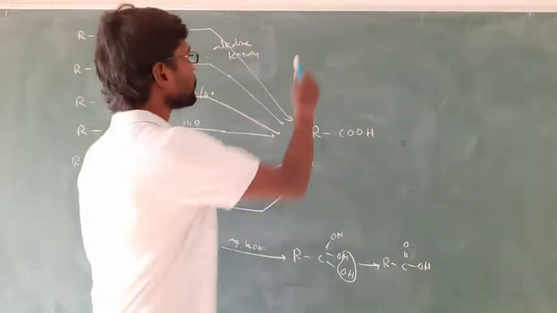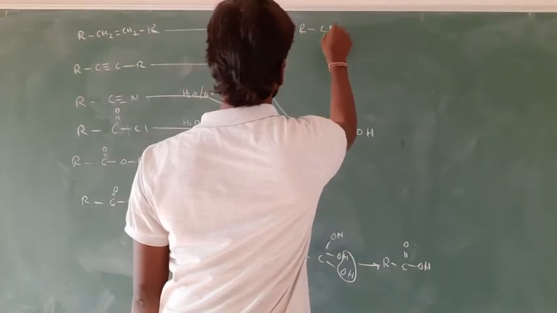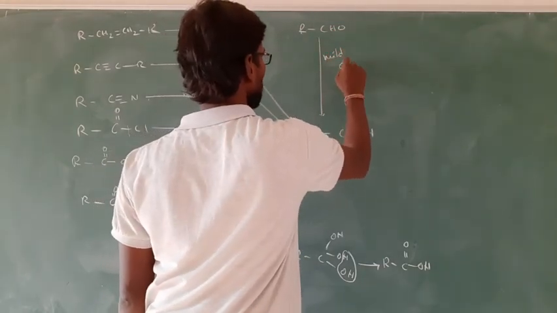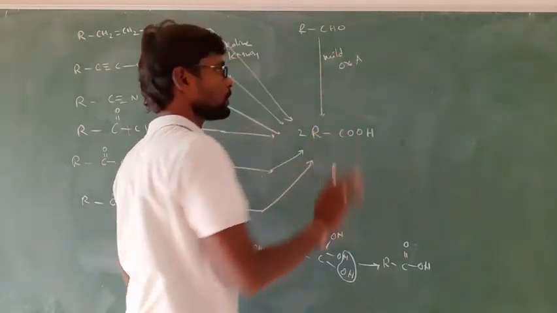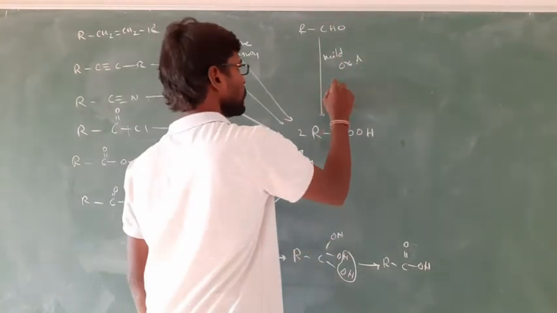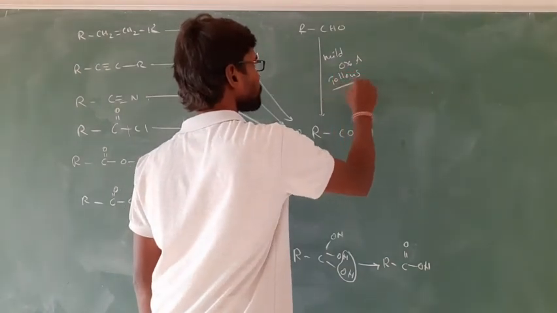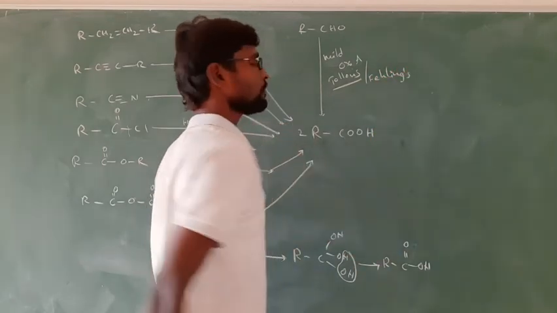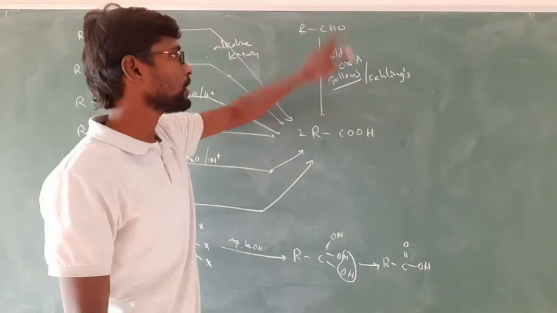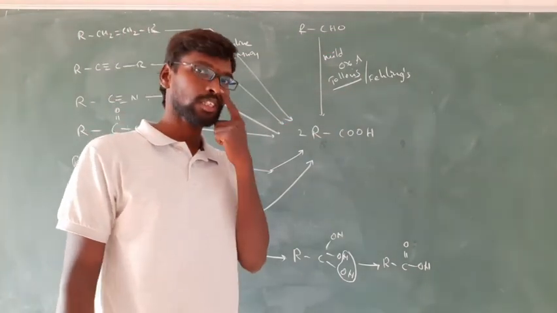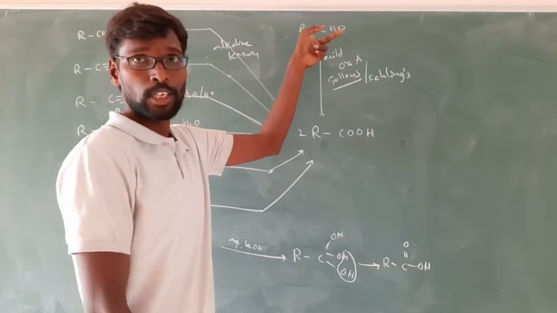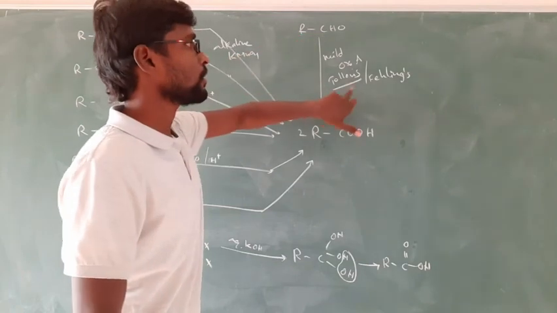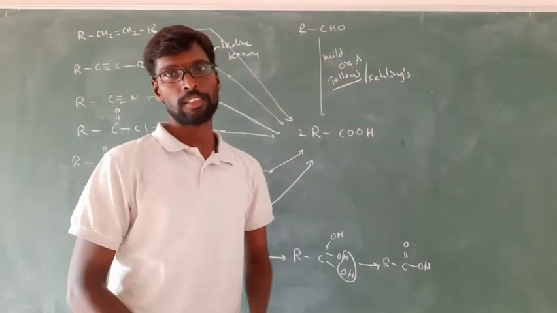If you take aldehydes, RCHO, on doing mild oxidizing agents like Tollens or Fehling's reagent, aldehydes will convert into carboxylic acids, but not aromatic aldehydes. Aromatic aldehydes are not reactive towards Tollens and Fehling's reagent.